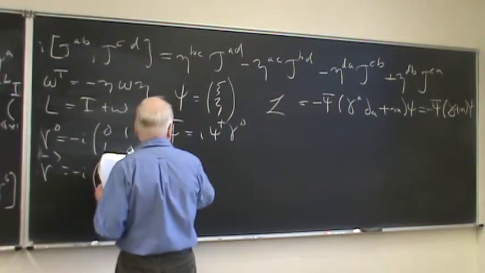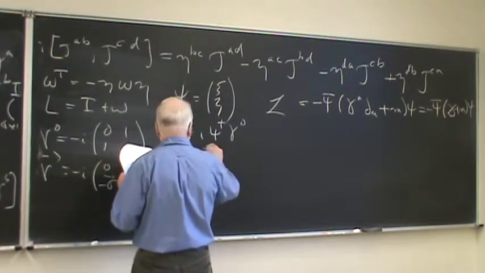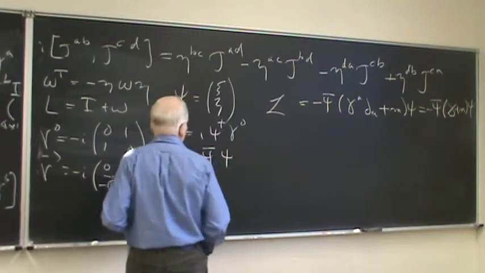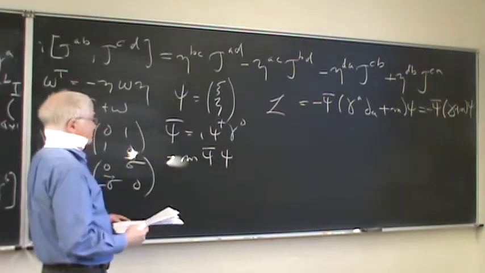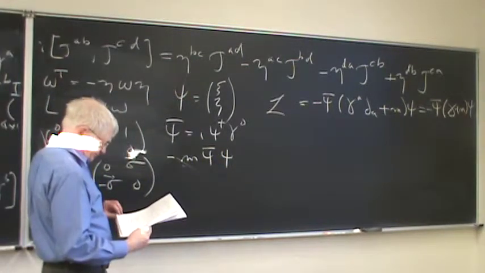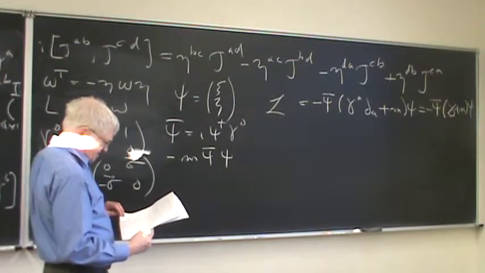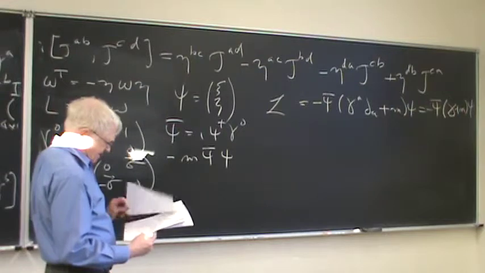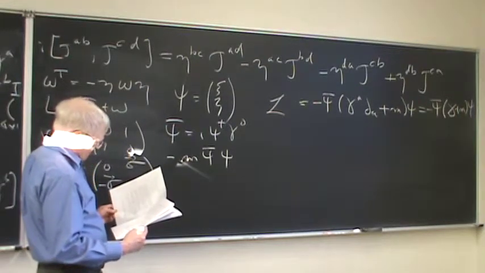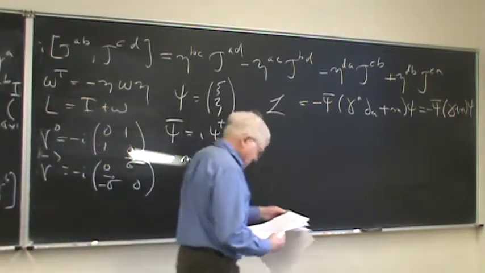The Dirac mass term is just minus m psi bar psi. And I was saying that this was 2 Majorana mass terms. Well, I guess in a sense it is, in another sense it isn't.